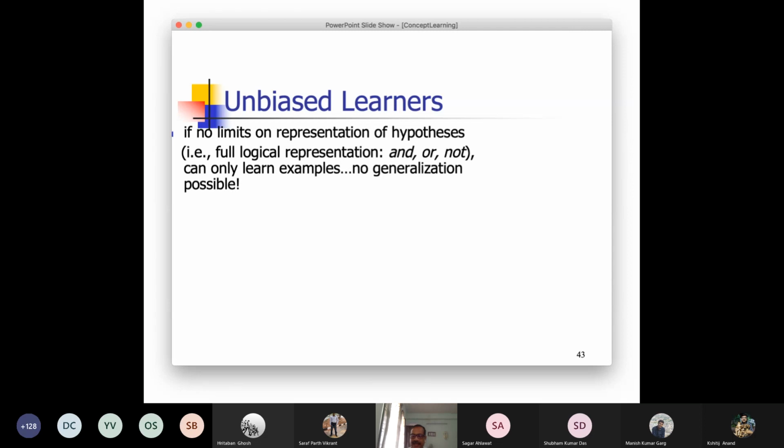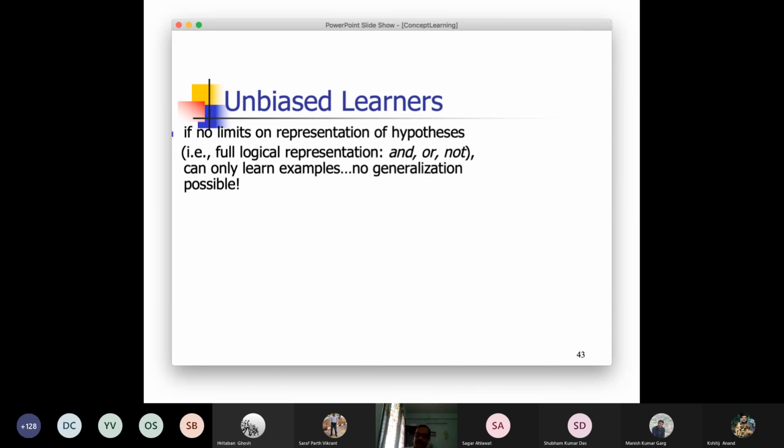That can also be considered a hypothesis, with all literals there, using and logic in the conjunction form, but that is not useful. It's a kind of lookup table, but the size of the lookup table will be huge, and search will also take a lot of time. And if you have a very large space, it is not practical.